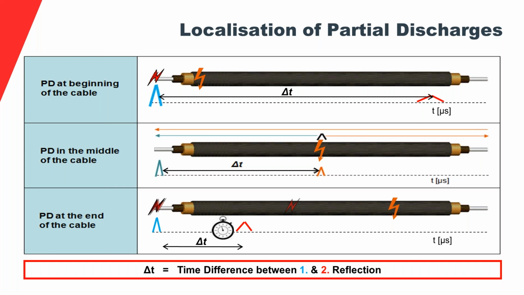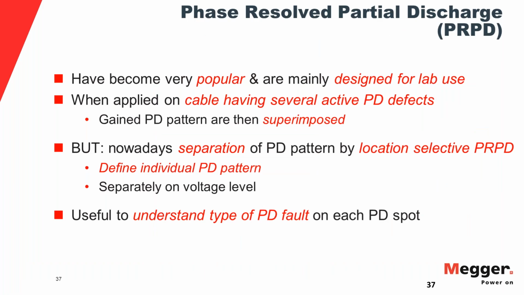If you have a PD source close to you, the pulses are far apart. If you have a PD source far away from you, the two reflections are fairly close together because you're measuring really the time difference between first and second reflection. So it's a relative measurement.